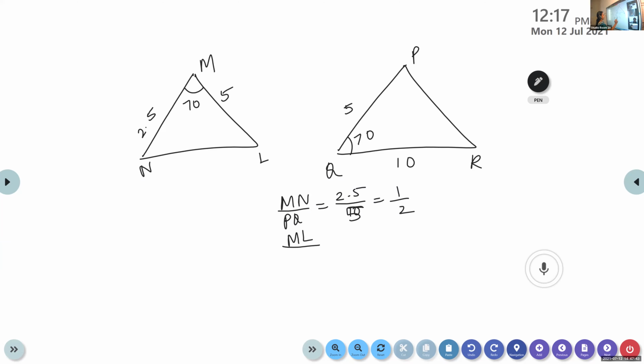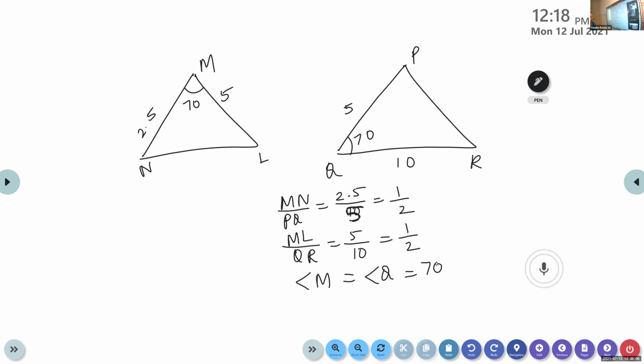Sorry, ML is double of QR. It is 5 by 10, which is again 1 by 2. Only 2 sides are given, isn't it? Then angle 70, 70. Yes, very good. Included angle is same.